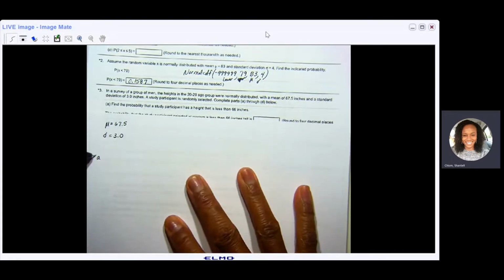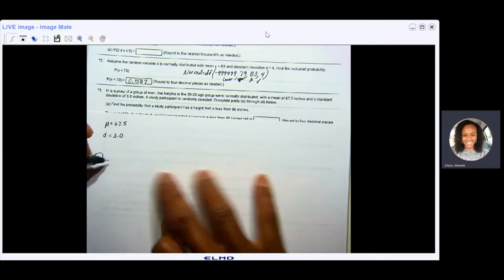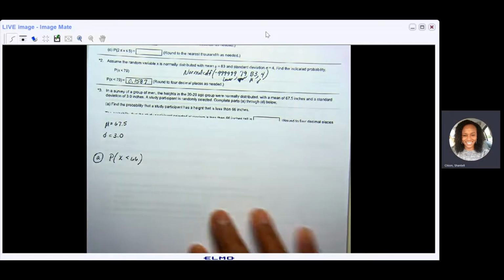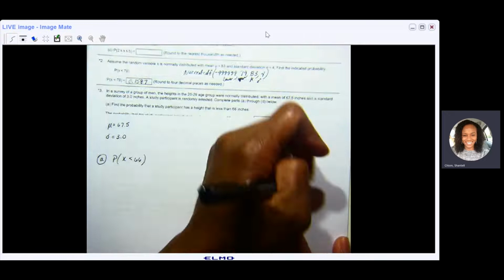And it says a study participant, which is X, is randomly selected. Part A, find the probability that the study participant has a height less than 66. So part A, probability that X is less than 66.